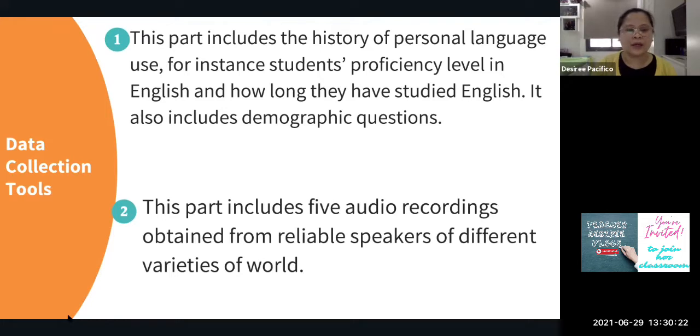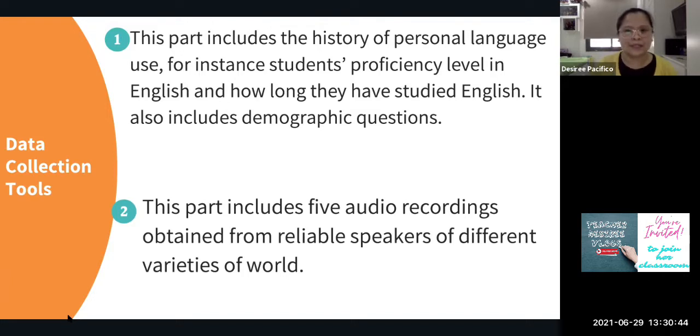Four tools were used in this research. It has parts 1, 2, 3, and 4 with varied methodologies on researching.